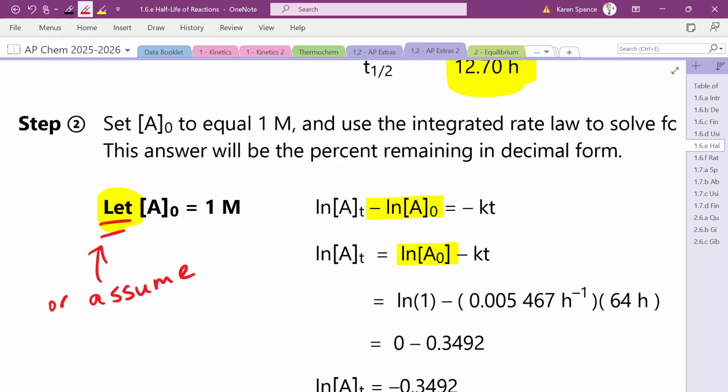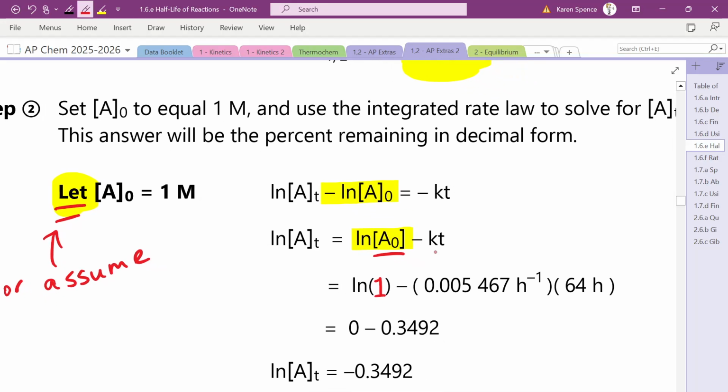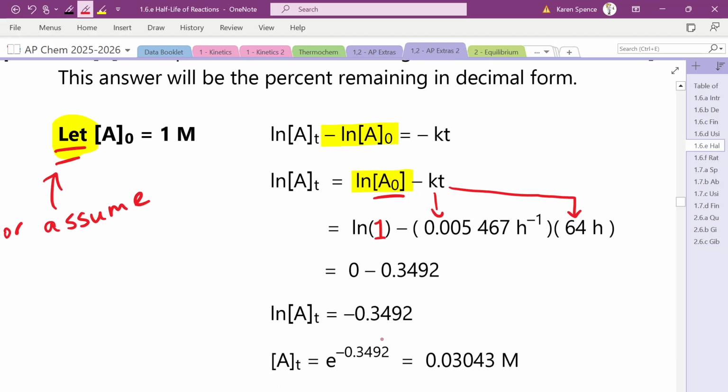A0 we substituted in a 1. We substituted in K. We substituted in our 64 hours for time. You get that, and you get the ln of A is equal to negative 0.3492. Now, we don't want the natural log of A, we want regular concentration of A.